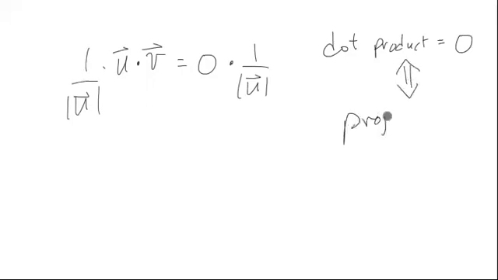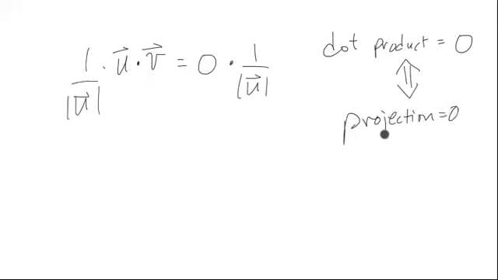Meaning that the projection would be 0. So dot product 0 actually means projection 0. But it's just easier to take a dot product than do a projection because you're not dividing by anything. So this is a common thing that we use. Dot product being equal to 0 means, if and only if even, projection length is 0.